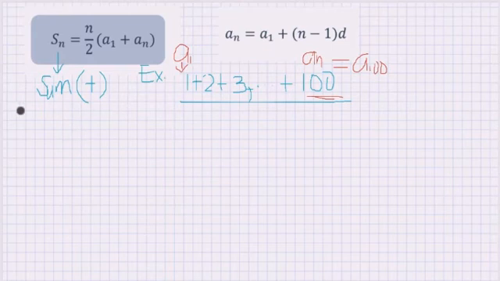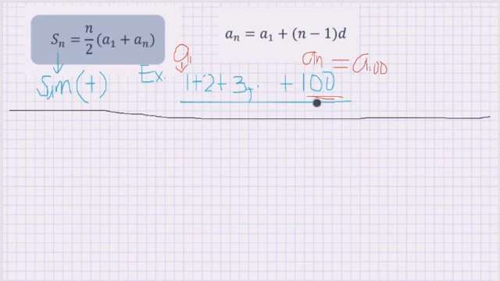Now let's consider this example first using the formula for the sum of an arithmetic series. We are going to get the sum of the first 100 numbers, so that would be S sub 100 is equal to... before we do that, let's have the given first. Let's define what is given from the example.